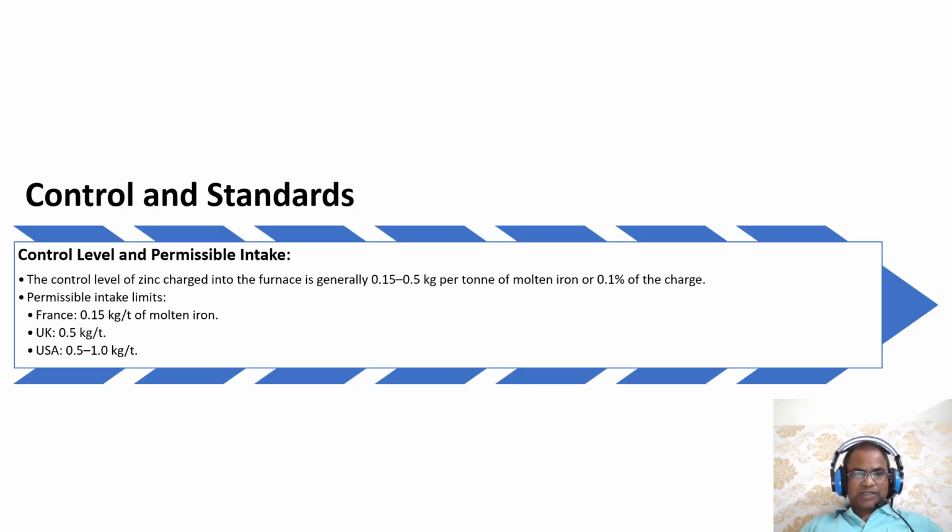This is one of the standards that an operator should meet or focus around, where zinc loading is limited to 0.15 to 0.5 kg per ton hot metal, and around this scale the ill outcomes for the furnace are minimal.